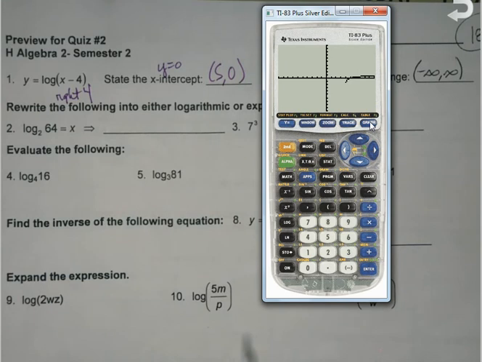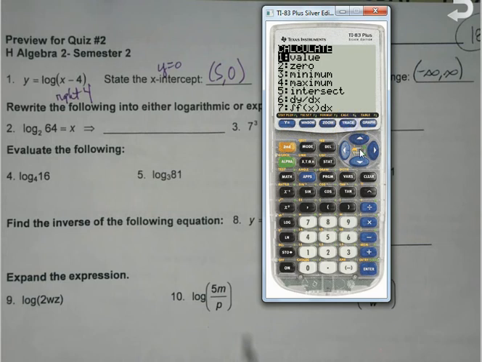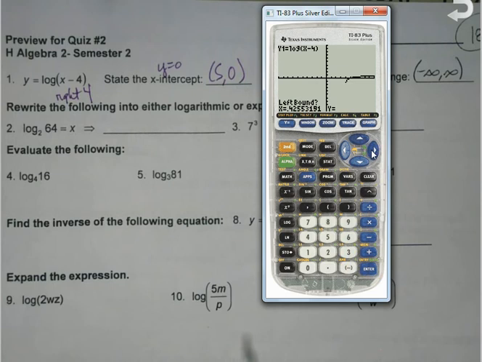Again, look at your graph, and what you can do is you can hit trace, and you can say, well, I want to know, well, no, that's not going to help me with the y-intercept. Scratch that. Instead, what I would do is I'd use my zero function, because that's the x-intercept. And we've talked before about needing to be able to trap my intercept in.